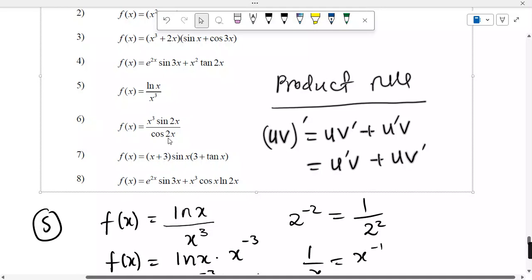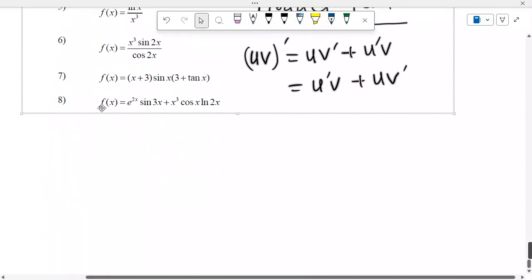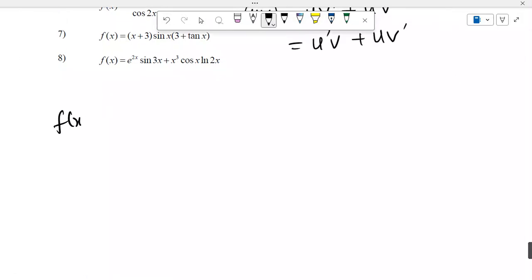Yeah, so many questions. Okay, number 7. We have f of x equal to x plus 3 sine x, then 3 plus tan x.